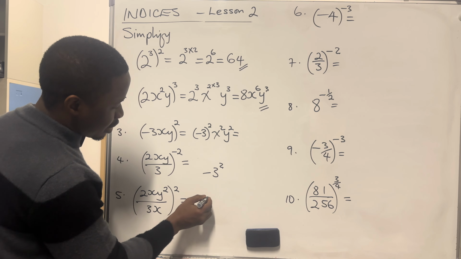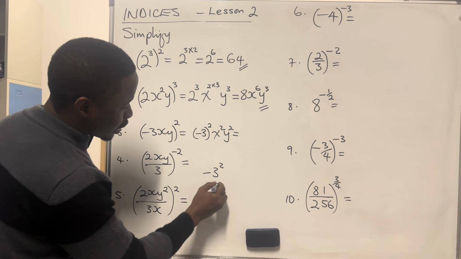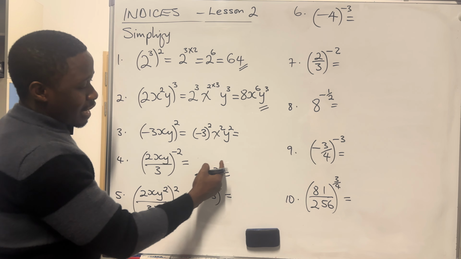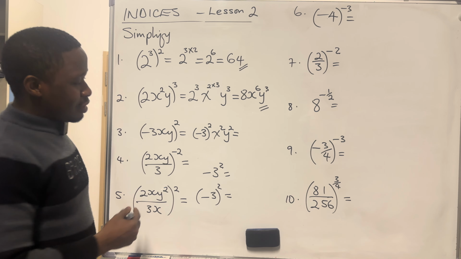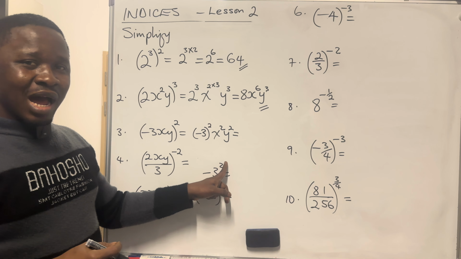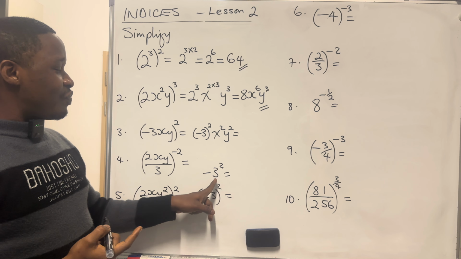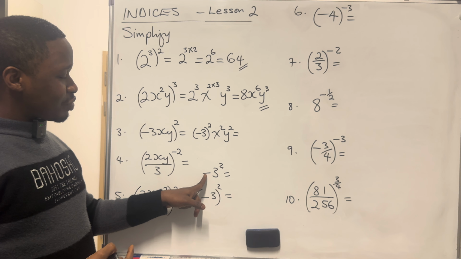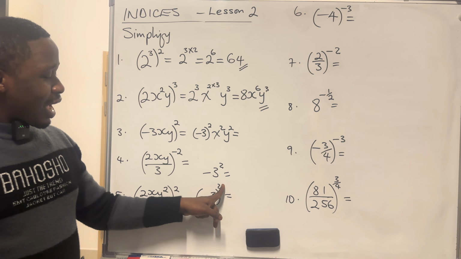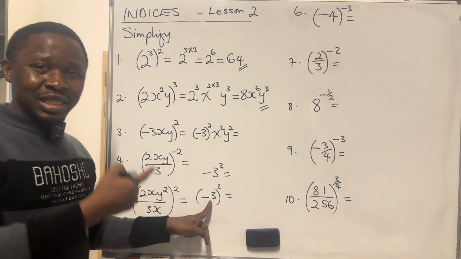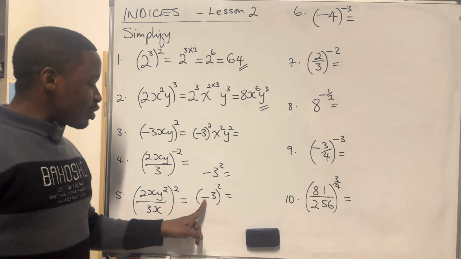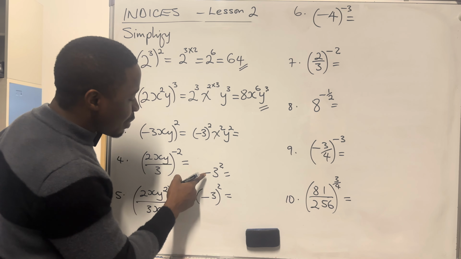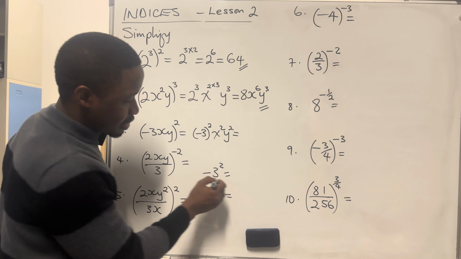Now let us see something here. Minus 3 squared, minus 3 squared. I just told you from here that every power affects only the immediate value on its left. This 2 does not affect the minus. These 2 affect both the minus and the 3 because the minus and 3 are both inside the bracket. So here, the minus is not repeating.